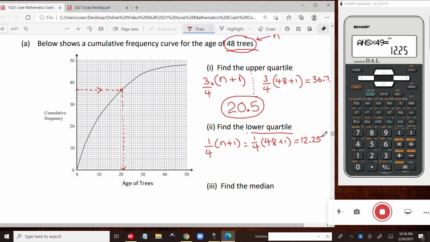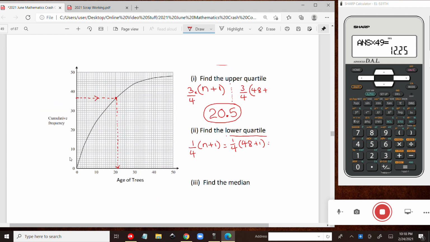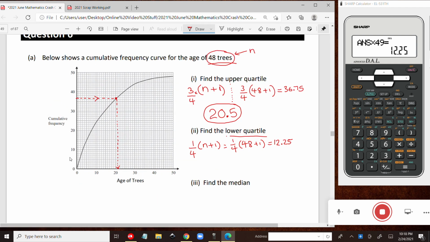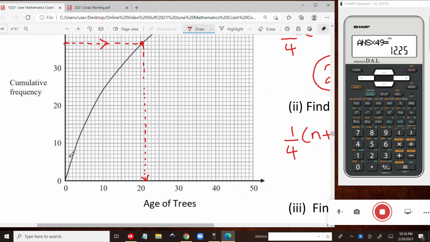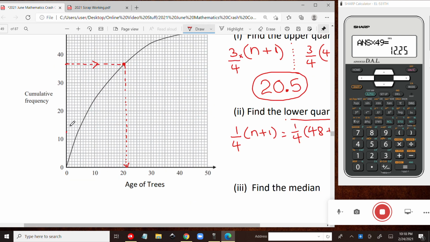All right, now 12.25 is not the answer for the lower quartile. We have to use this to get the final answer for the lower quartile. So let's zoom in here. Let's go to the y-axis and look for 12.25. Well, if here's 10, here's 11, here's 12, here's 13, 12.25 will be in between the 12 and the 13. So once again, we move across.